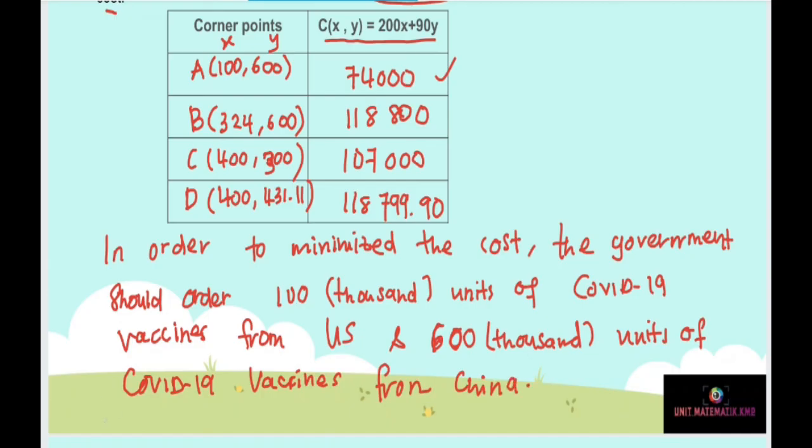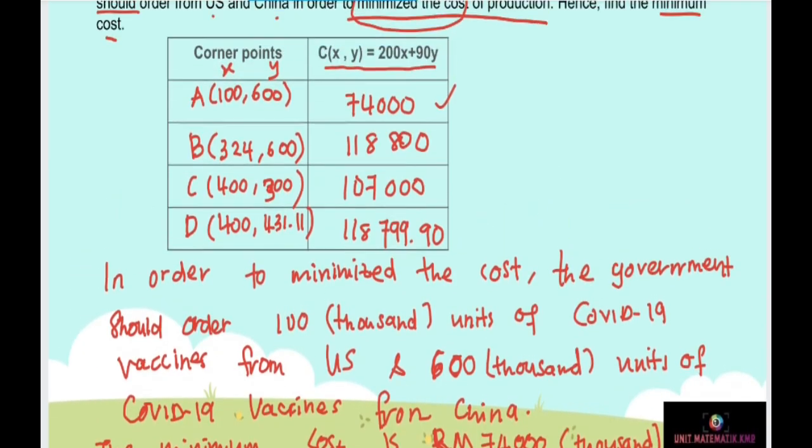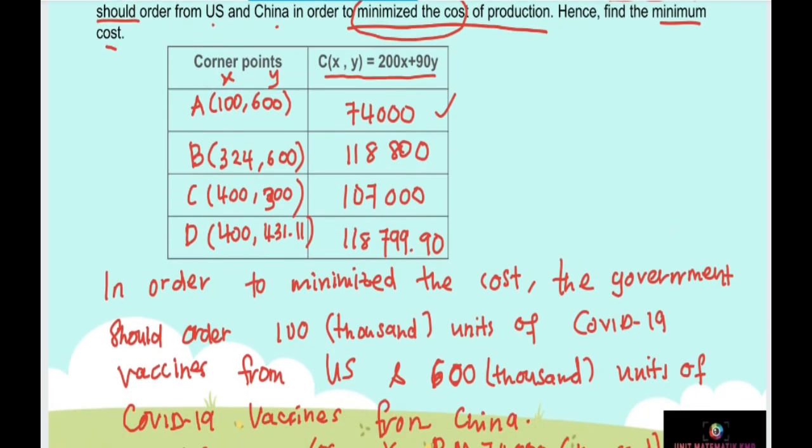Okay, so the minimum cost is RM 74,000, but in the bracket again 1,000, back to the actual unit that this question uses. Okay, so we finish example 2.